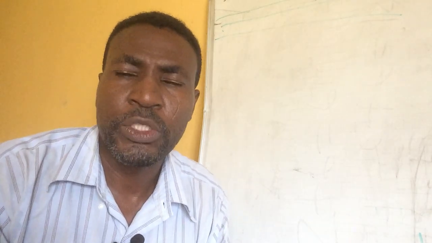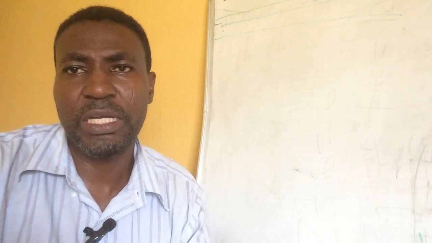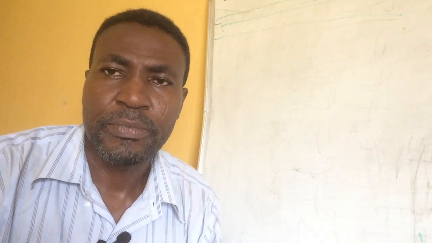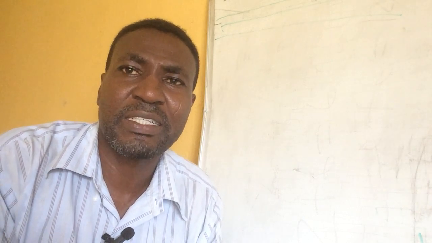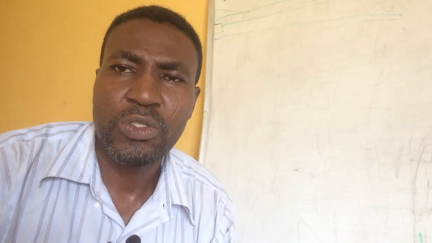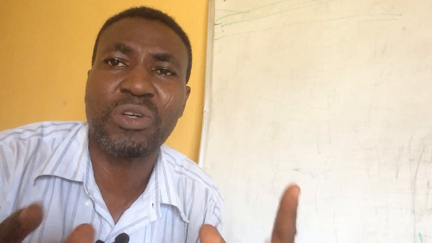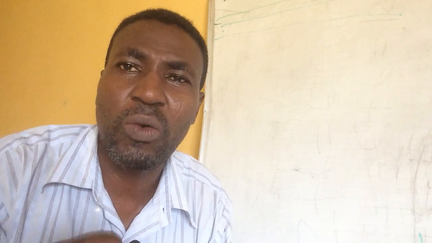Even in division, some find it difficult dividing numbers that have minus and minus. Even in subtraction, some find it difficult to subtract a minus number from a minus number. So all these things are confusing to some students. That is why I want to clear it now.